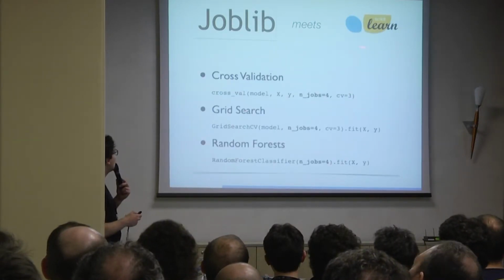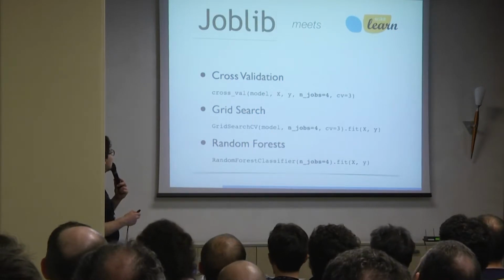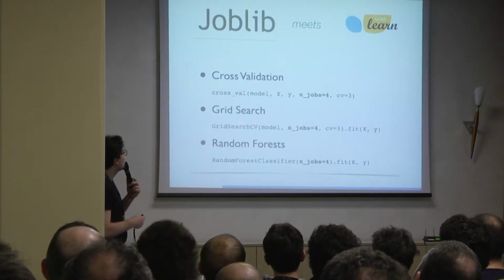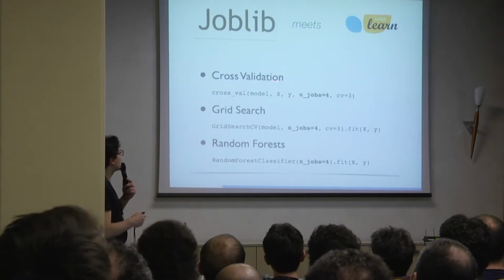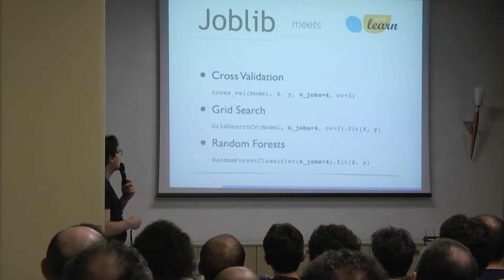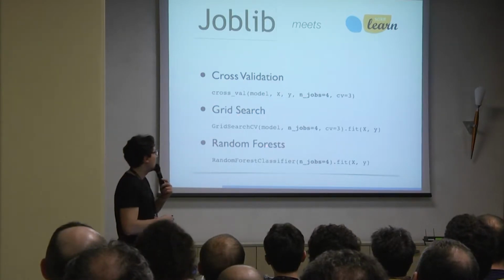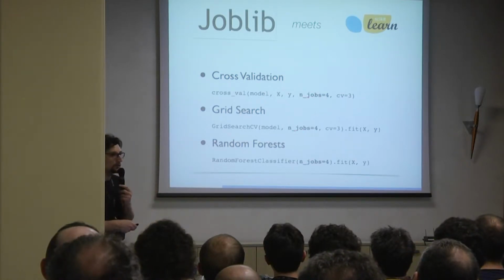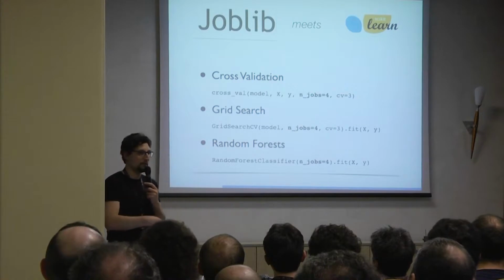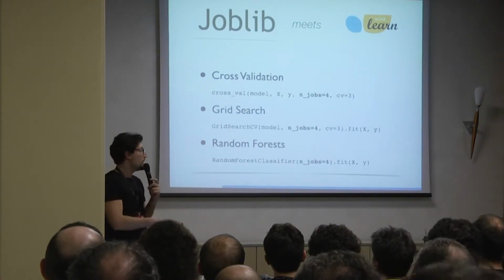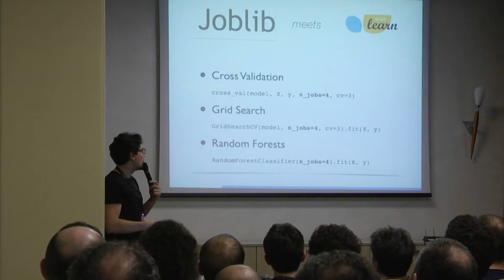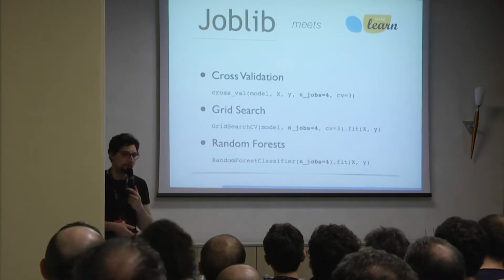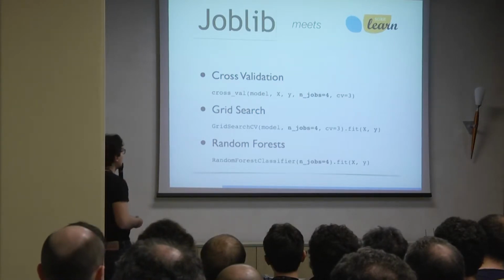Moreover, joblib, as I said, is also deeply integrated into scikit-learn, and in fact many different methods included in scikit-learn, such as cross-validation, grid search, random forests, also support this parameter, which is the number of jobs to allocate for the execution of the method, just out of the box. That's what I mentioned in the talk this morning when I talked about the easy API scikit-learn has for some machine learning methods.